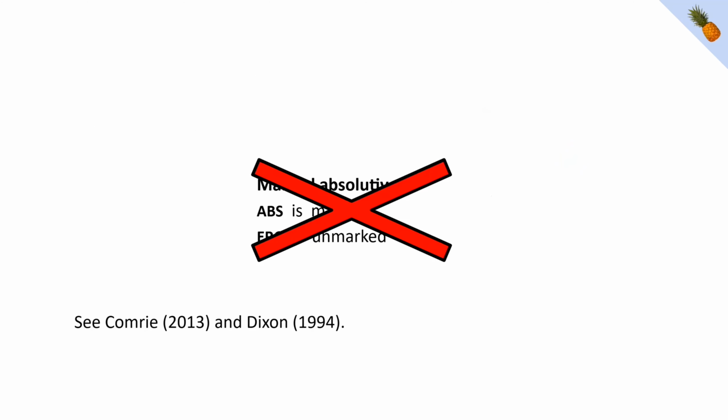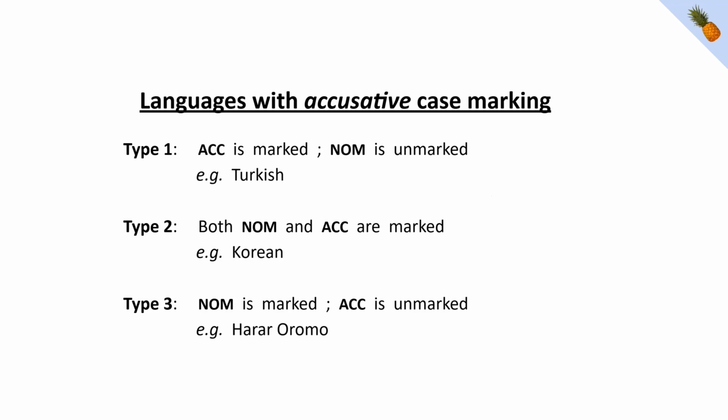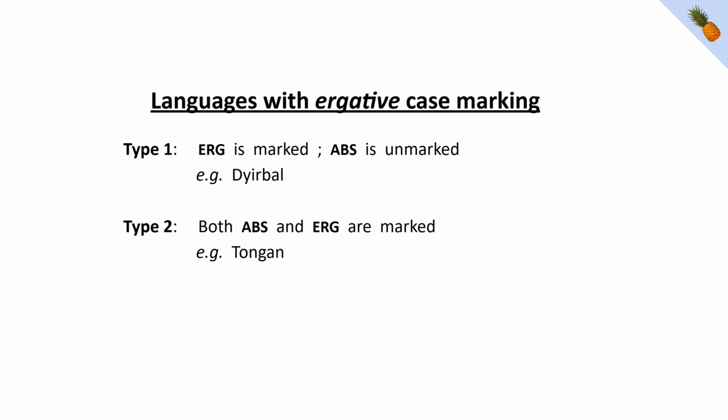A similar conclusion was reached by Dixon in his 1994 book Ergativity. Thus, whereas there were 3 subcategories of languages that exhibit accusative alignment with respect to case marking, there are only 2 subcategories of languages that exhibit ergative alignment with respect to case marking.